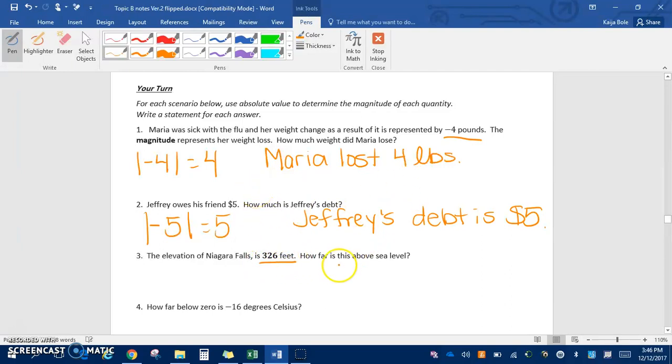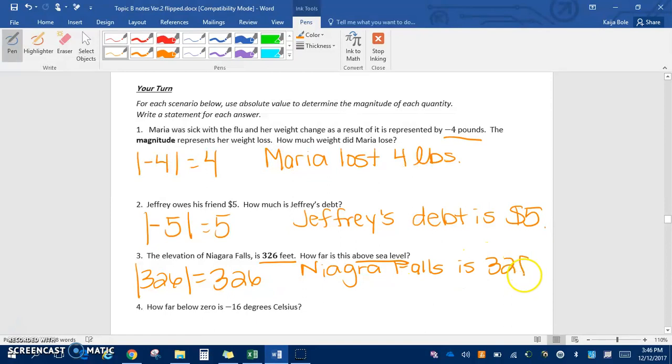How far is this above sea level? Since it says above sea level, this is going to be positive 326. We take the absolute value and we're left with just 326. So we would say Niagara Falls is 326 feet above sea level.